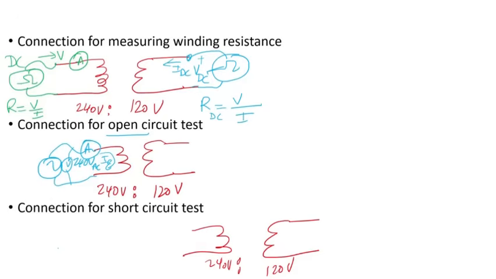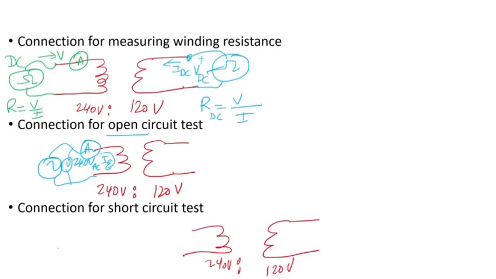For a transformer, for instance, the low side might be rated 3000 amps. That's a lot, versus the high side might only be, say, 900 amps. That's a big difference.